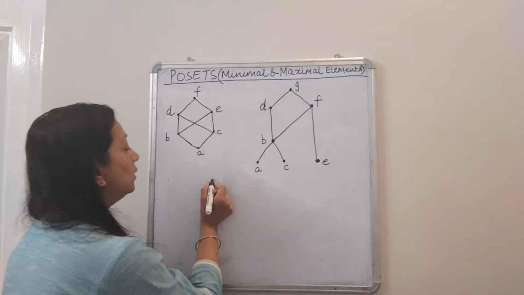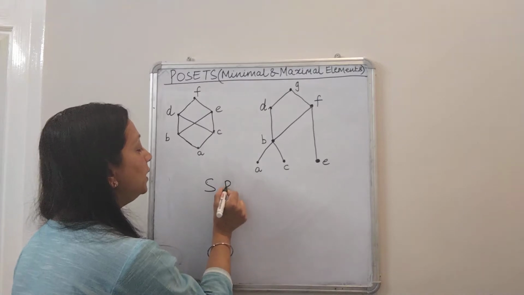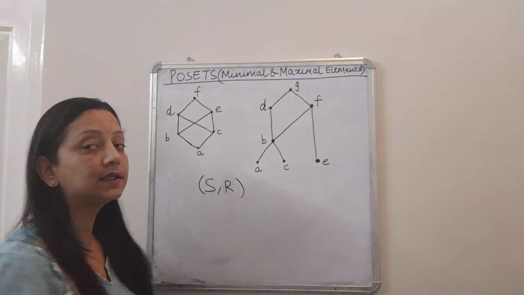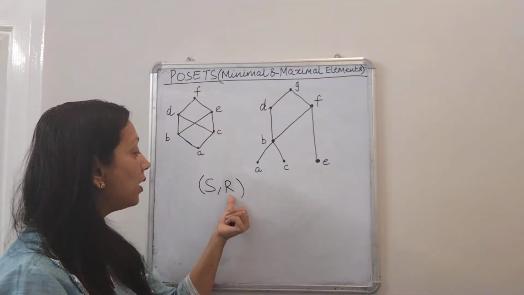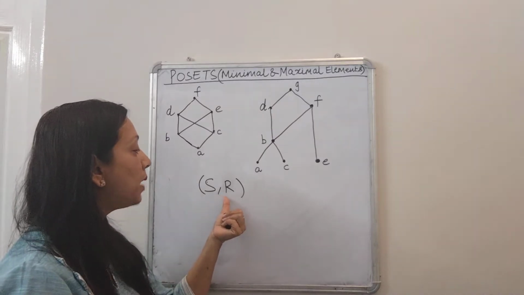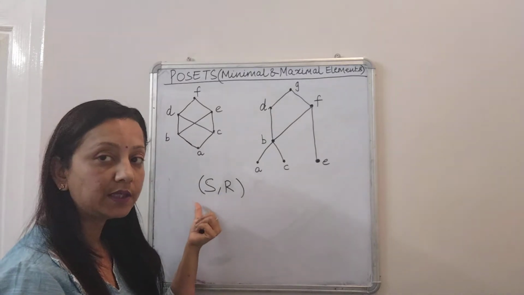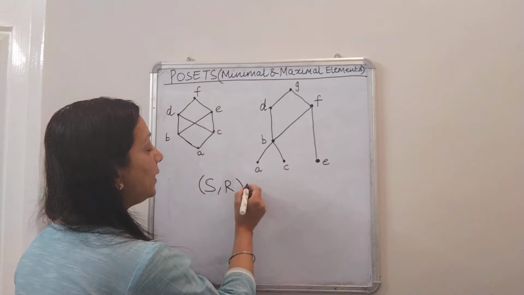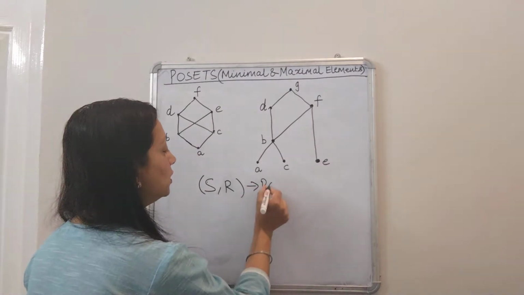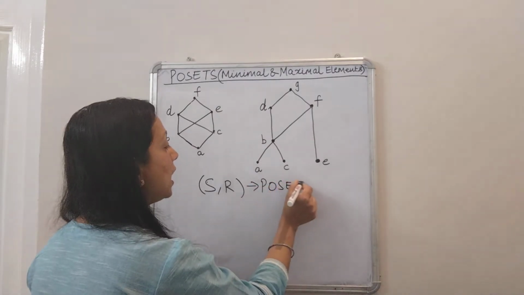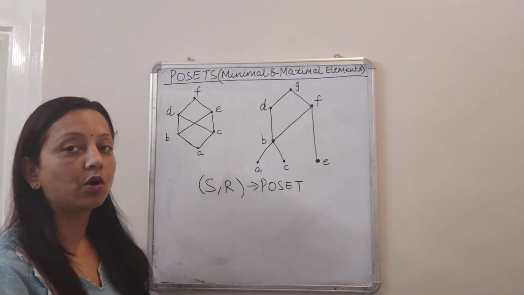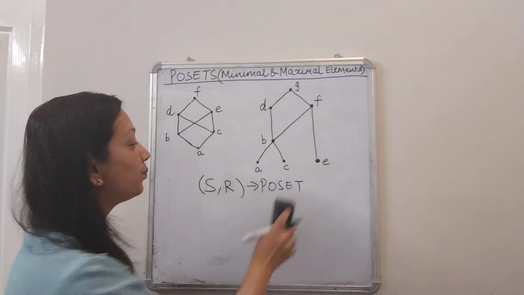Now, if I take an arbitrary set S and R is a partially ordered relation on set S, we know that (S, R) is called a poset, and for this poset I can draw a Hasse diagram.